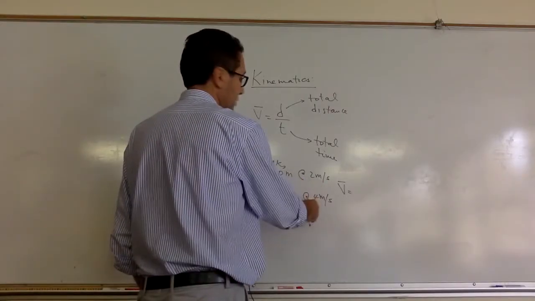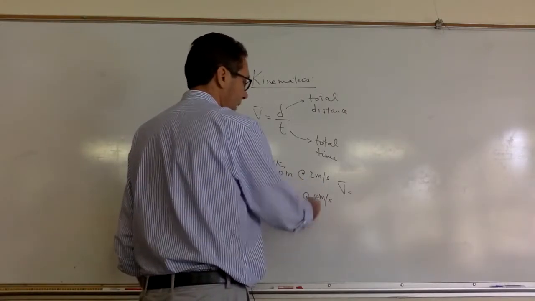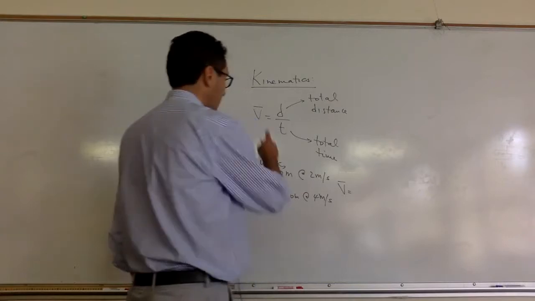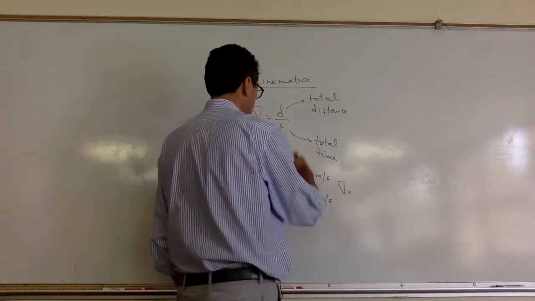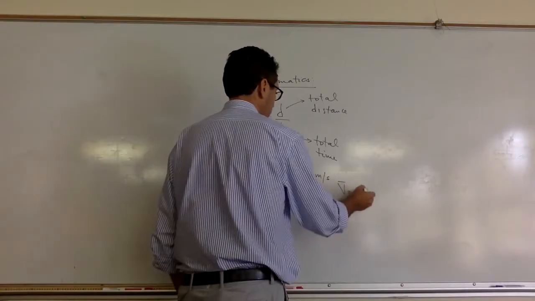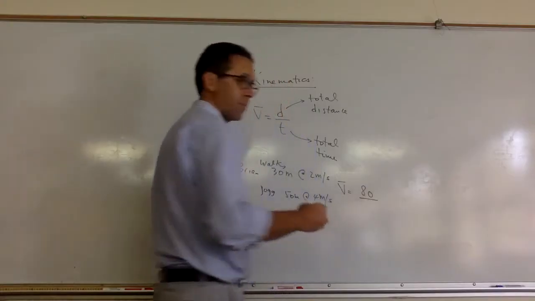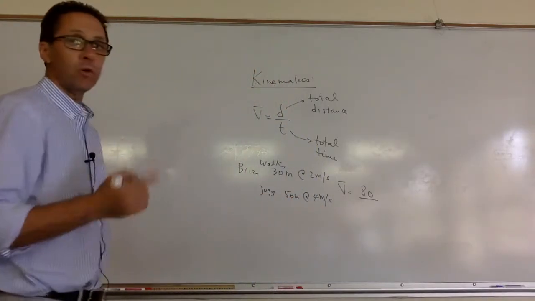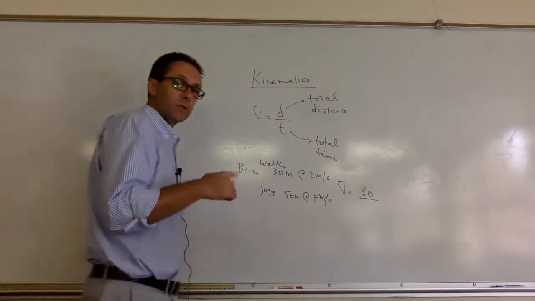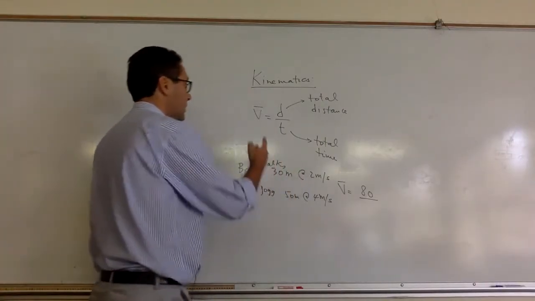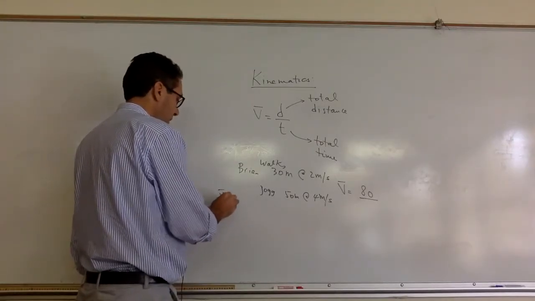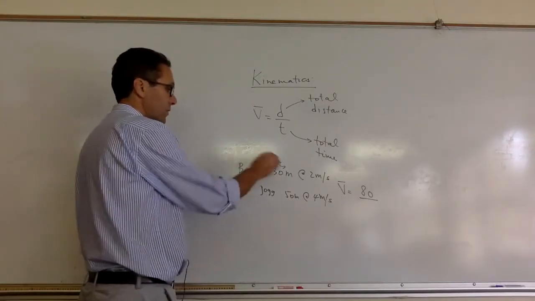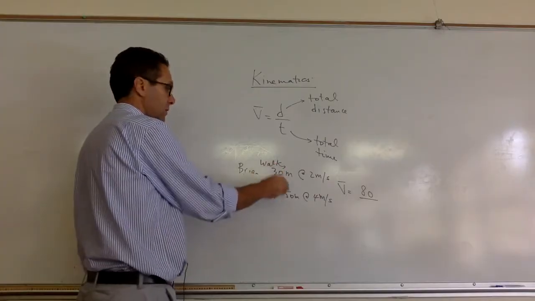So we can't just take the 2 and the 4, add them together and divide by 2. We have to go back to the definition. For the average speed, you have to find the total distance, which is 80 meters, divided by how long it took to do this 80 meters. Well, you can use the average velocity equation for the different phases of the problem.